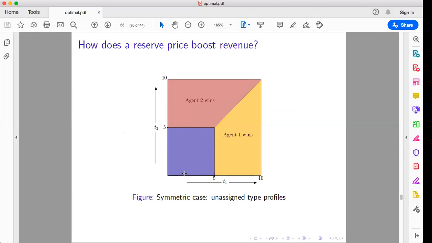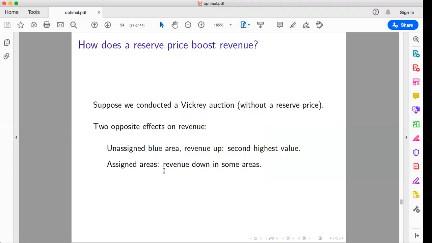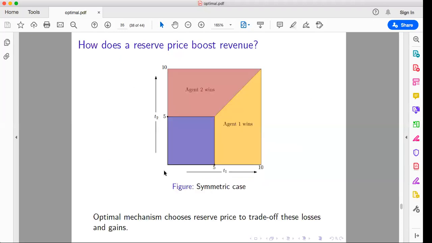That's the boost in revenue she will get, because now there is no reserve price. But there is also a down effect, which is that revenue in some other areas will go down. So which areas will the revenue go down?